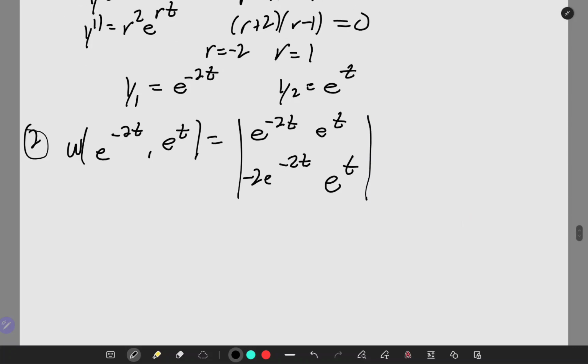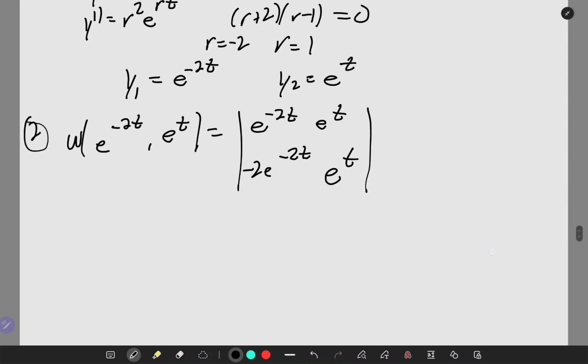So now, e to the negative 2t times e to the t would be negative 2 plus 1, which is negative 1, so that's e to the negative t, minus negative 2 e to the negative 2t plus 1 e to the negative 1t, so it's negative t.